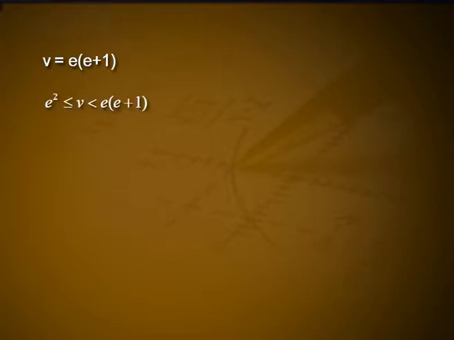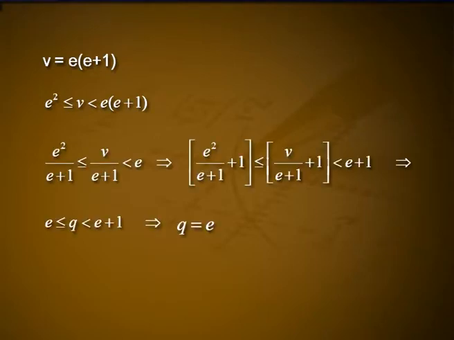So, consider the case where E² ≤ V < E(E+1). Then E²/(E+1) ≤ V/(E+1) < E implies E²/(E+1) + 1 ≤ V/(E+1) + 1 < E+1, which implies E ≤ Q < E+1, which implies Q = E, and hence EQ = E² ≤ V. Combining Theorems 4 and 5, we get Theorem 6.